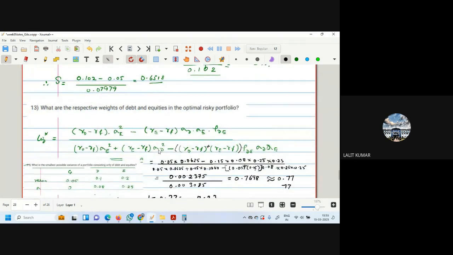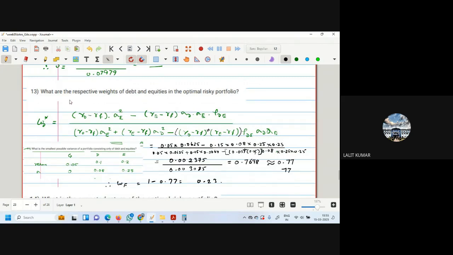Now, what they have asked is what are the respective weights of debt and equity in the optimal risky portfolio. Whenever the words optimal risky portfolio come, your utility function comes into the picture.